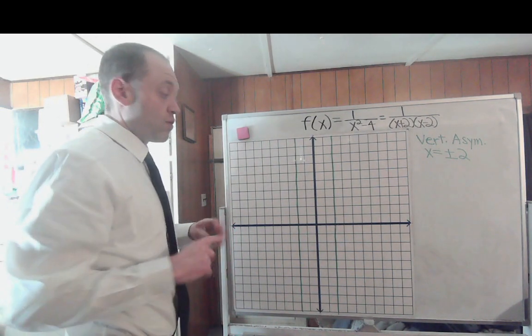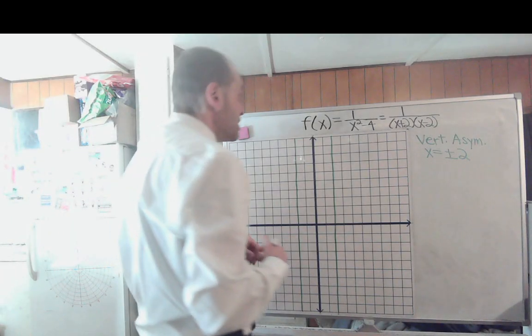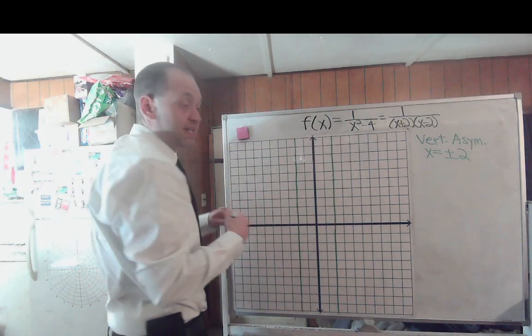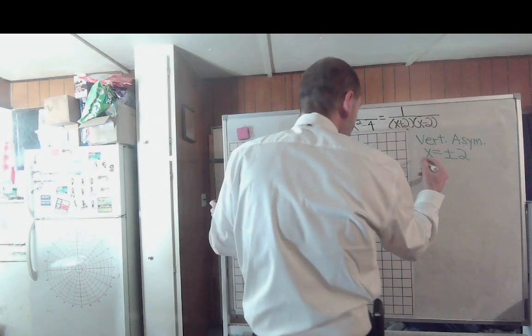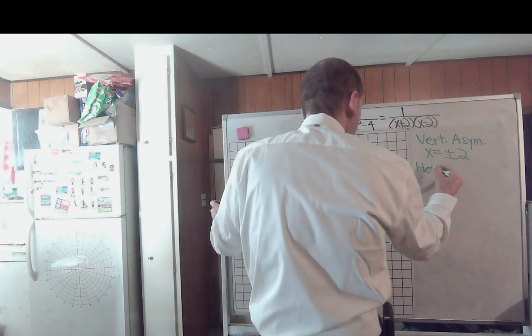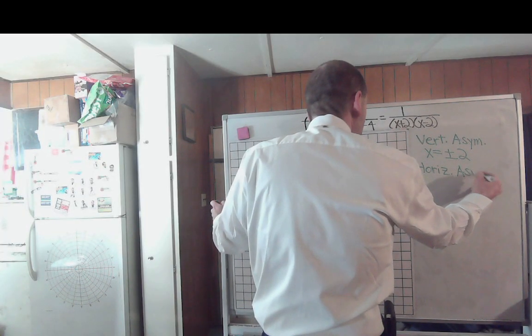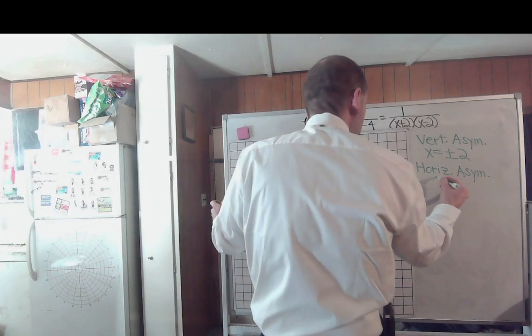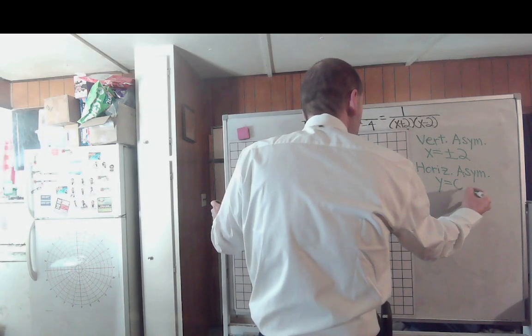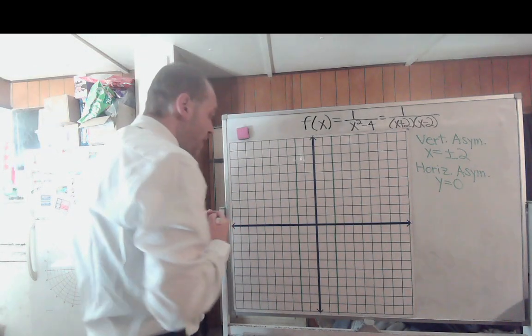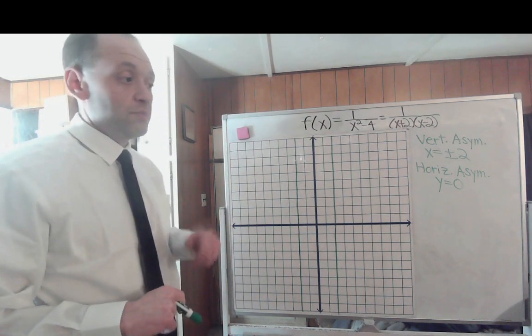Now, what about a horizontal asymptote? Well, the degree of the numerator is less than that of the denominator, so you will have a horizontal asymptote at y equals 0. Alright, now what does that tell you about the domain?